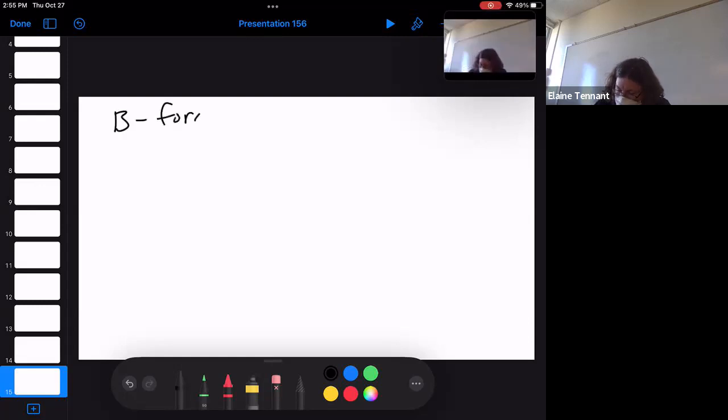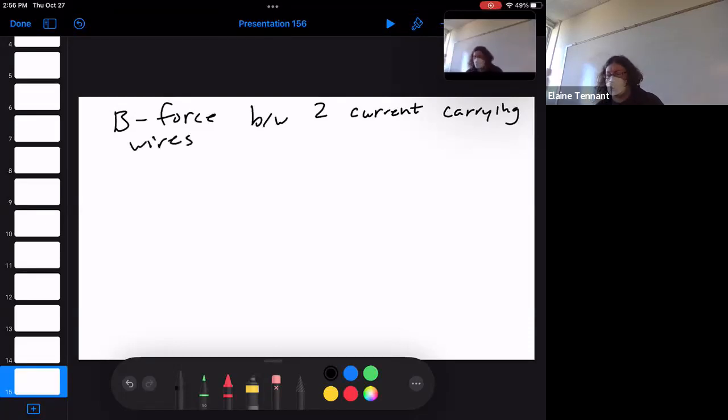Okay, magnetic force between two current carrying wires. So the idea from the last chapter is that if you put moving charge inside of a magnetic field, it will experience a force.